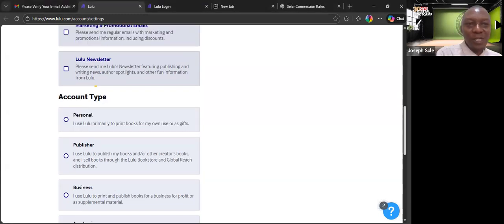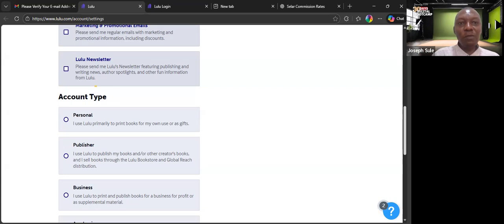Some sites will ask for gender, some sites don't. Lulu will ask you to even specify what currency you want to trade in. Once you input all of this information, you submit the form. Then Lulu will ask you to go to the email you put on the form and verify a link that they sent to you.